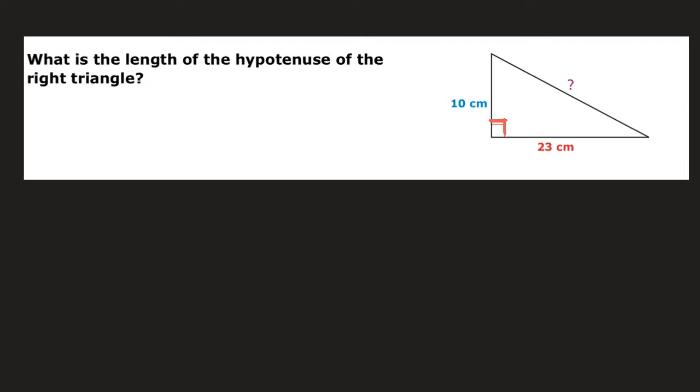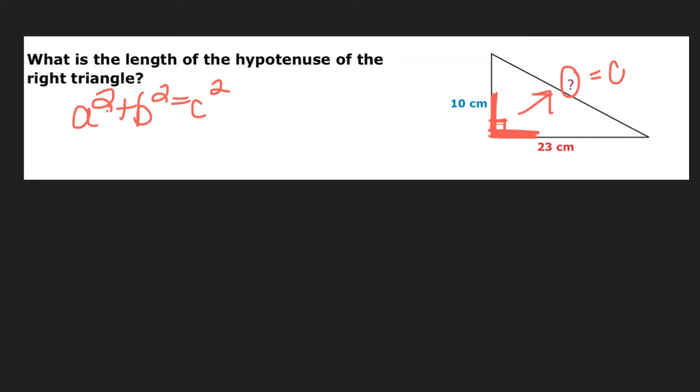I know that this missing side is C, because it is opposite or across from the right angle. It's not connected at all to the right angle. My legs are what connect to form this right angle. So I know that 10 and 23 are legs and C is the hypotenuse. I'm going to use my theorem. A squared plus B squared equals C squared.